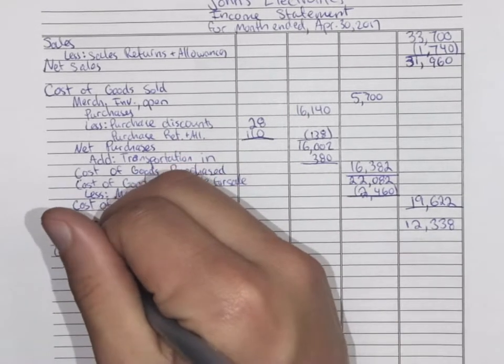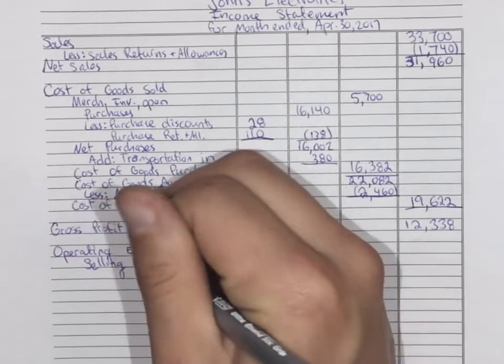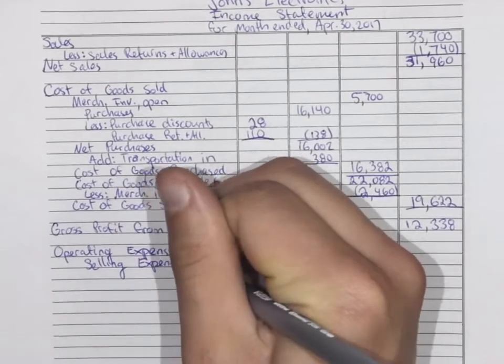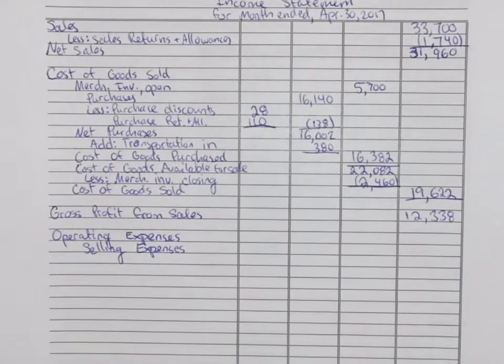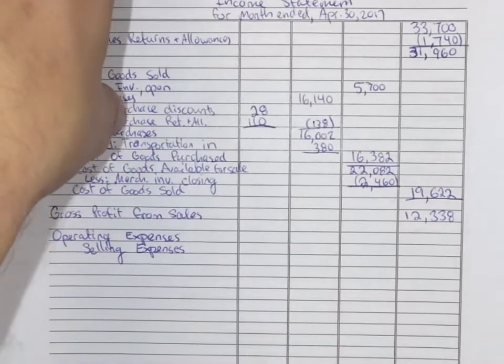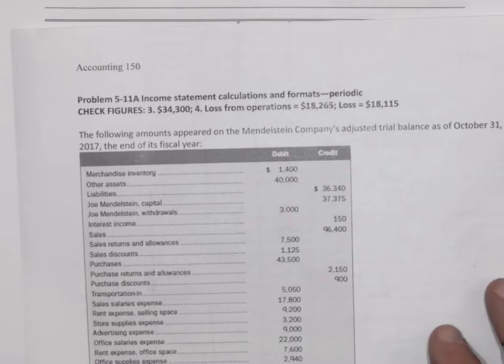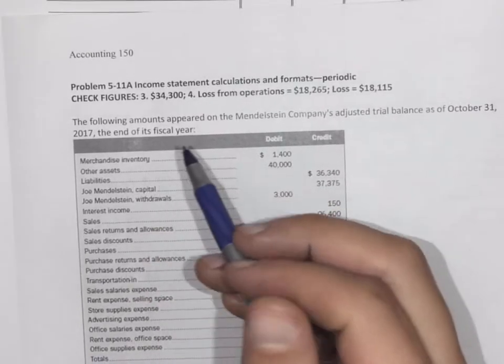So this part, the way we break it down, will be our first section. Let's have a look and see what is on our trial balance.